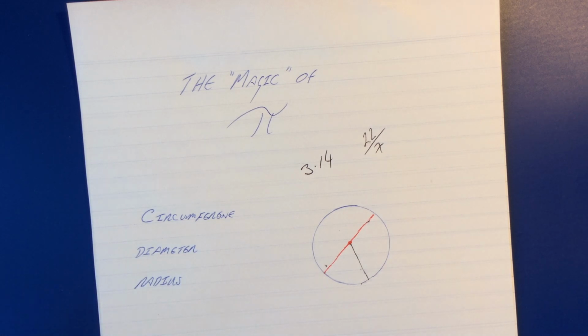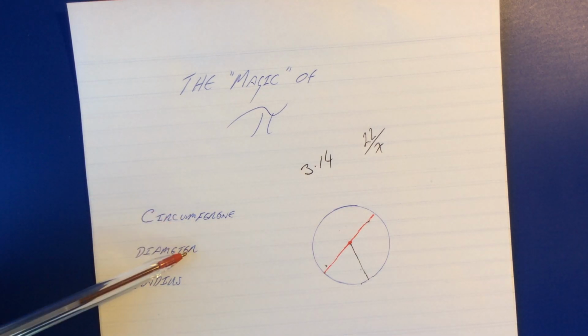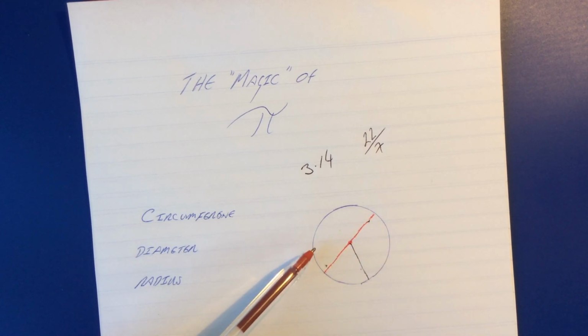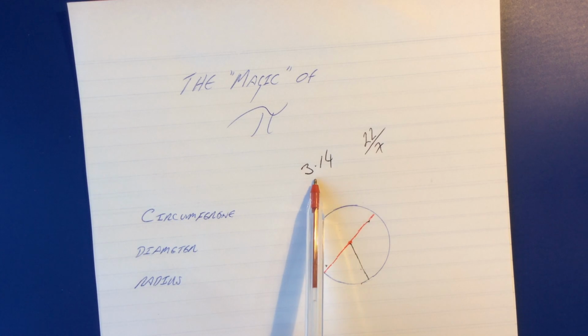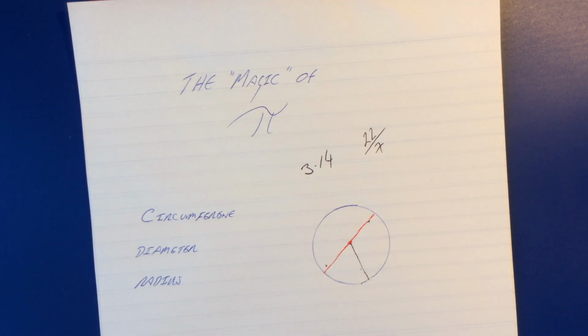So it is the relationship between the circumference and the diameter of any given circle, and that relationship is a constant number. It's this number. And you use that number in formulas such as pi r squared, the area of a circle, and 2 pi r, the circumference of a circle.